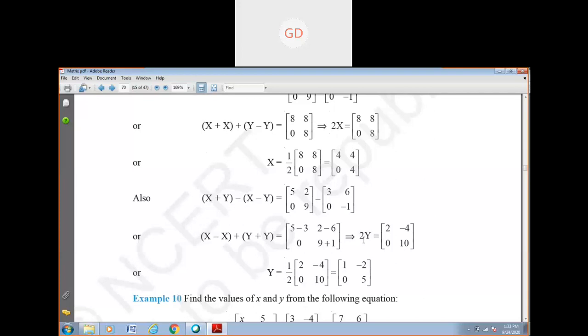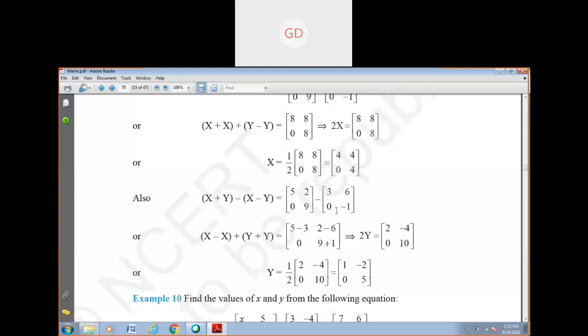Now Y is similarly this one: 1 minus 2 0 5, we have got the matrix Y here, and previously we already have X. So with very basic matrix equations, with the help of the operations addition, subtraction, and scalar multiplication, we can deal with these simple matrix equations.